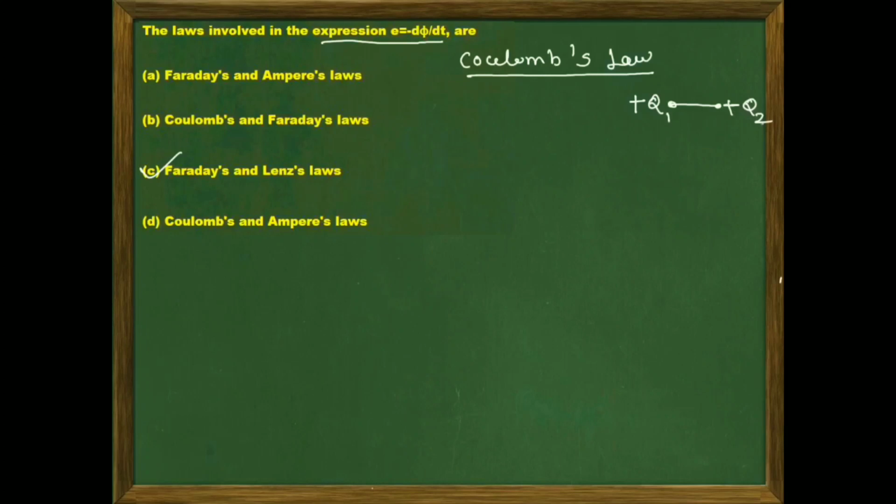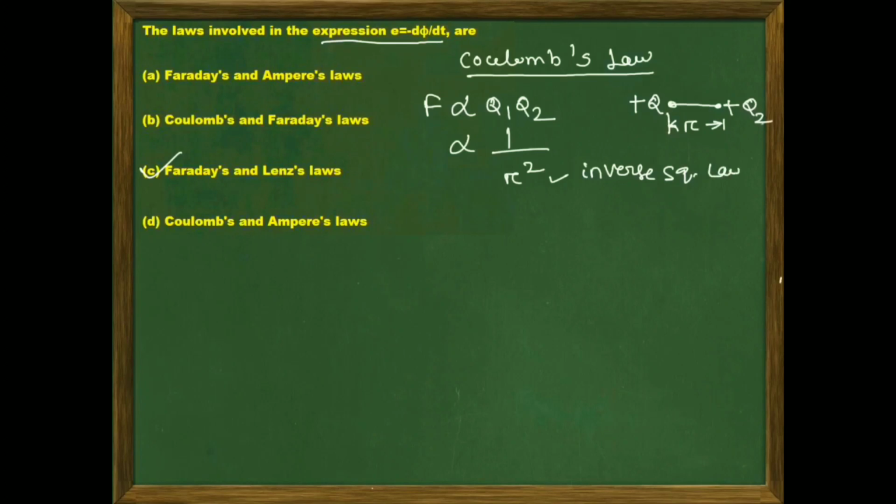So the force between two point charges F is directly proportional to the product of their charges and inversely proportional to the square of the distance of separation between them. Let small r be the distance of separation between them. Because of this 1 by r square, this law is also called the inverse square law.